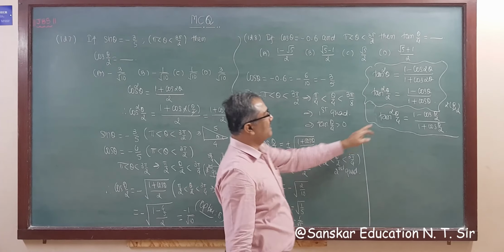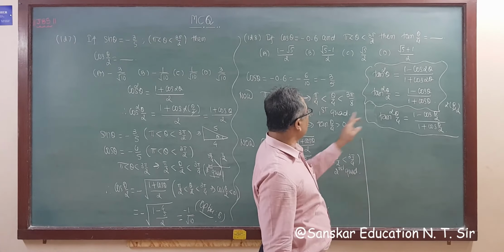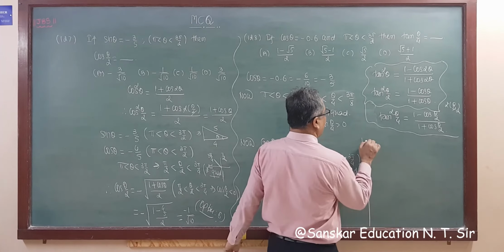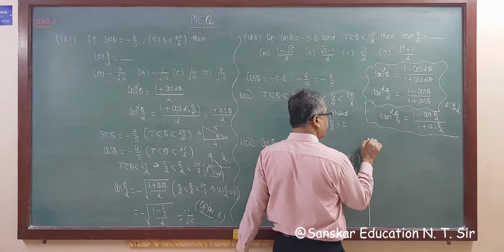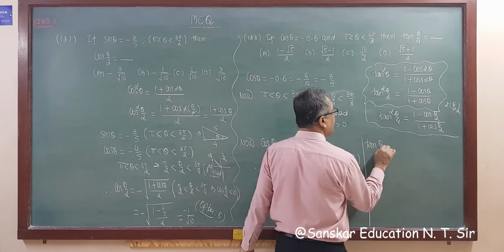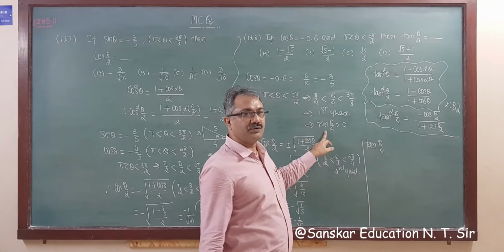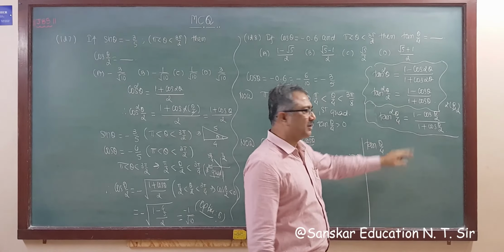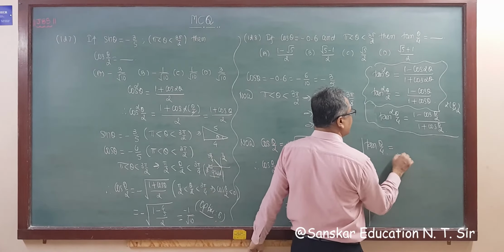So applying now this formula and taking the positive square root, tan theta by 4, as tan theta by 4 is greater than 0, we are taking the positive square root. So this is equal to square root of 1 minus cos theta by 2 upon 1 plus cos theta by 2.